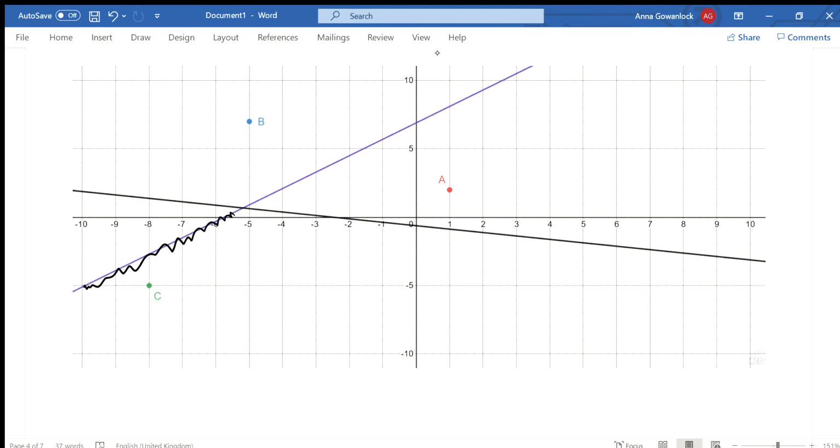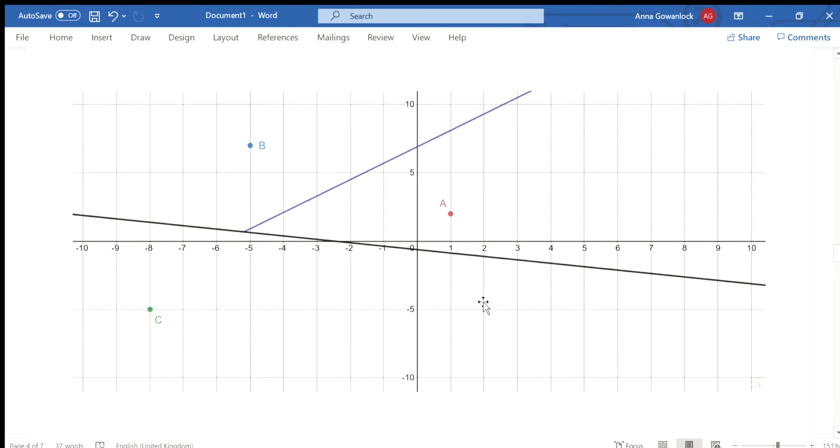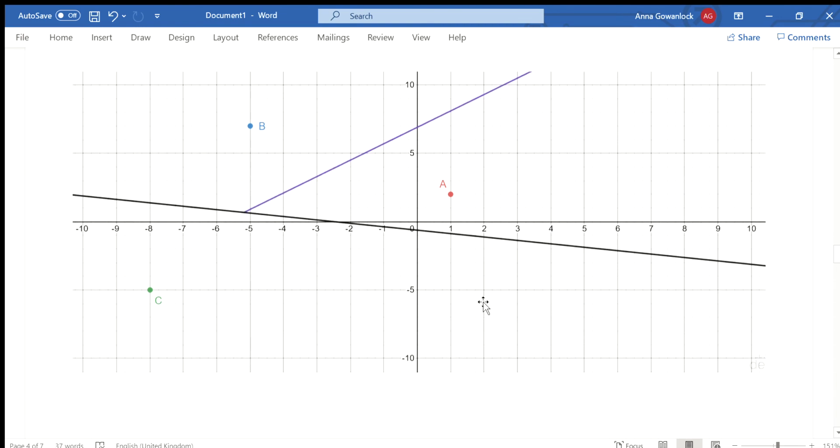We're going to need to get rid of a bit of this black line as well. But at the moment it's not overly obvious which bit it's going to be. So, but we definitely want to get rid of that bit of purple line. So as always, we draw with a pencil. So you'll need to rub out that bit of line there from this point of intersection down to here. So there we go. So it looks like this.